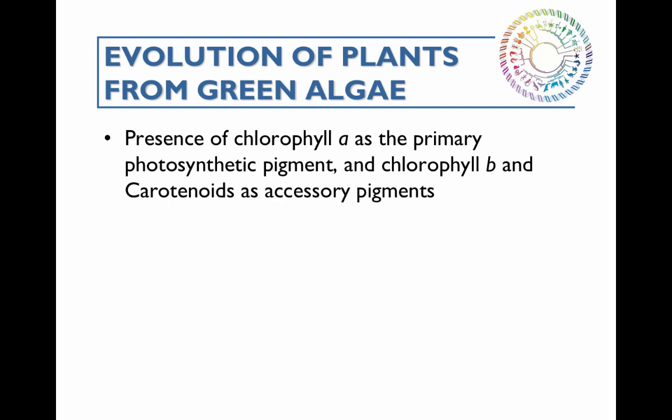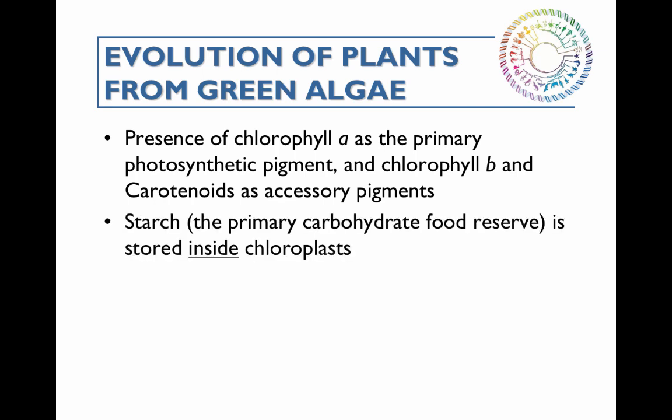You might also remember that when I was talking about the algae, I gave quite a bit of attention to the food products, the starch, which is a primary carbohydrate food reserve, and where it is stored within the cell. What we saw was that the red, brown, and green algae stored the food products in different places within the cell, but that the green algae stored the starch inside the chloroplasts.